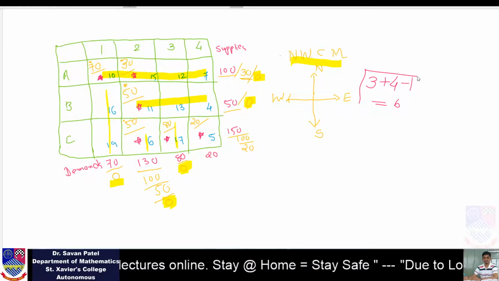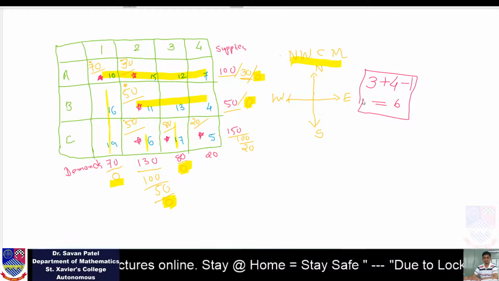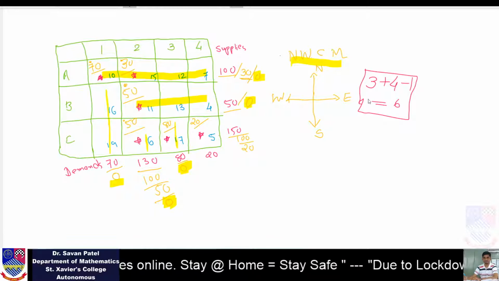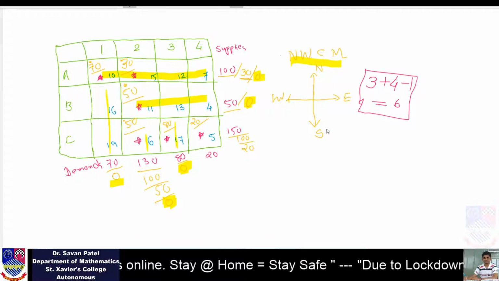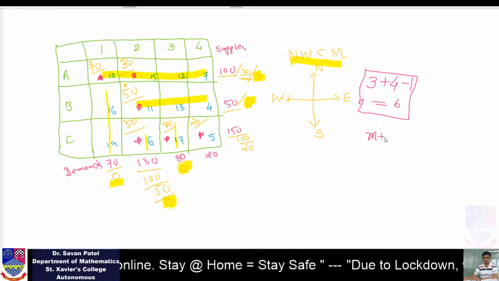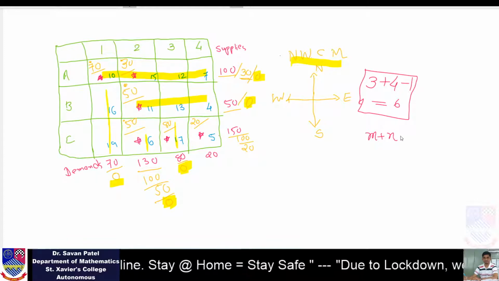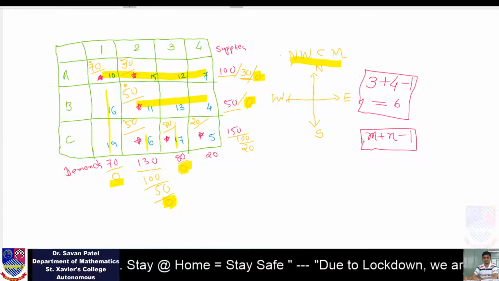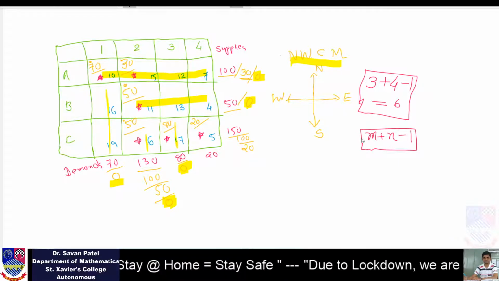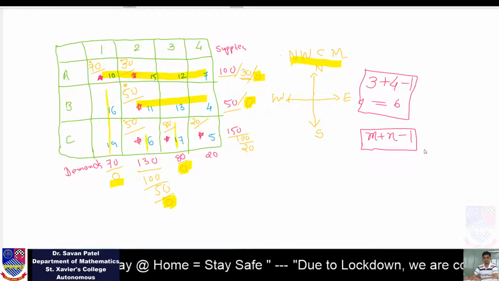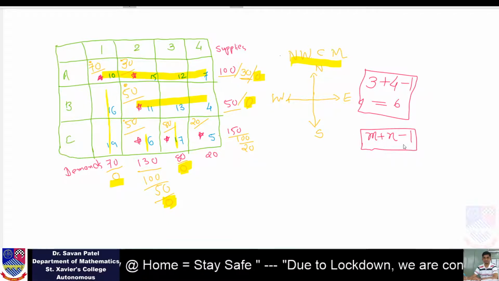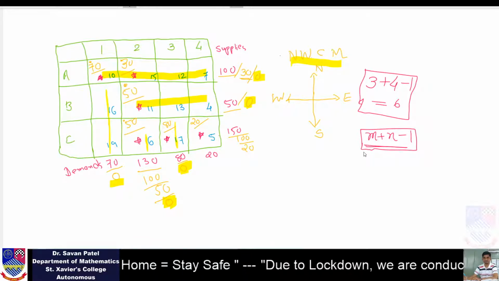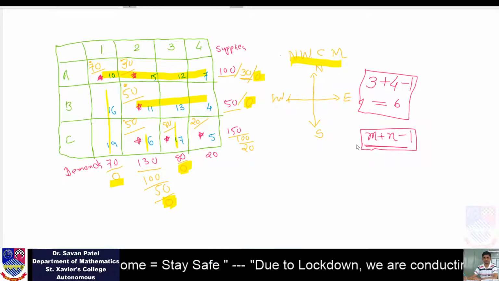We will see in an upcoming lecture that whenever we have m sources and n destinations, in a basic feasible solution we have m plus n minus 1 non-zero variables, meaning the number of variables in the basis is at most m plus n minus 1. That is for our next lectures.